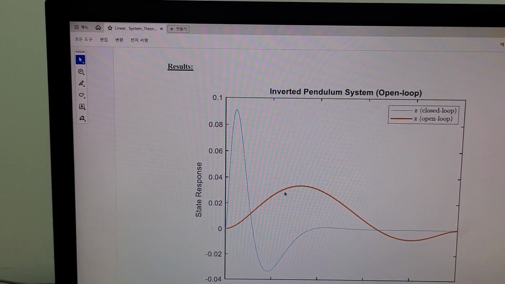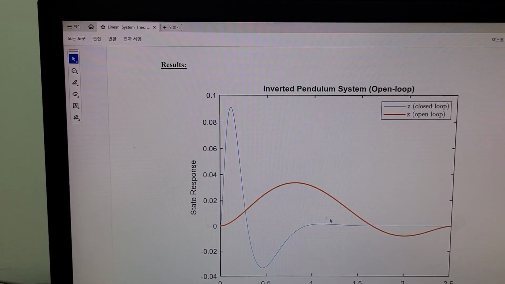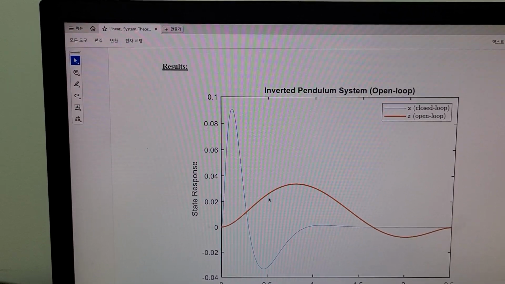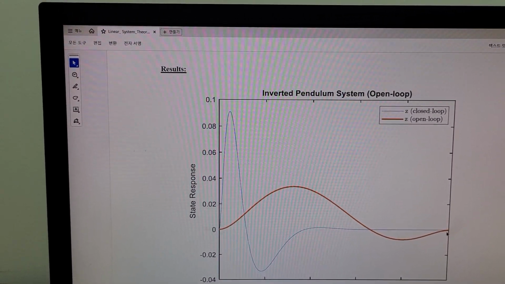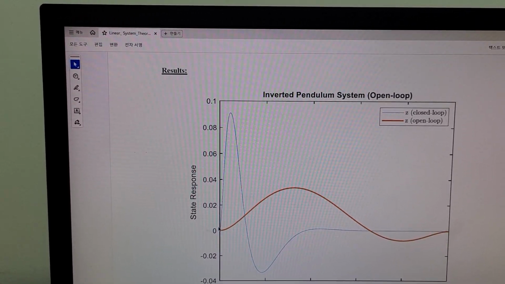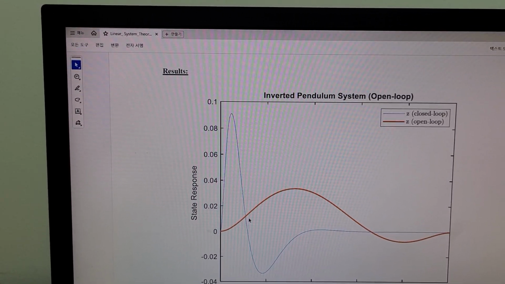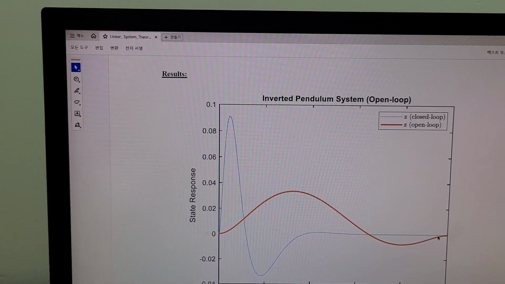It shows that for the open loop system there are some oscillations, and the response goes to 0 at nearly 2.5 seconds, the cart going towards the 0 position.